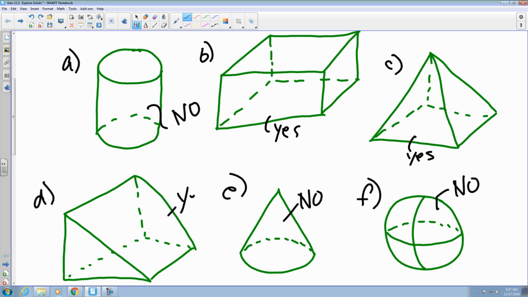polyhedrons because, for instance, if you look at example B, every surface shows up as a rectangle or at very least a quadrilateral, depending on my drawing, which is probably not that great. The next one is a pyramid.